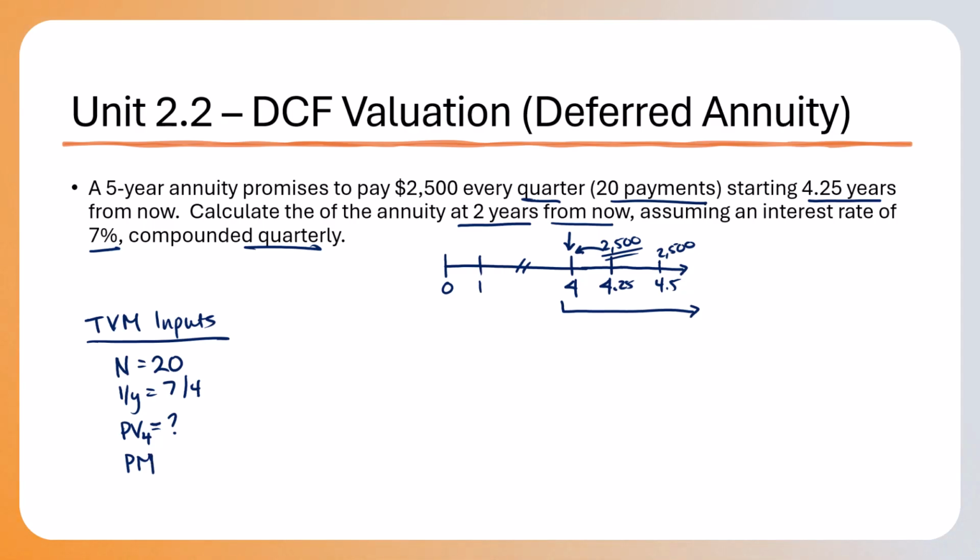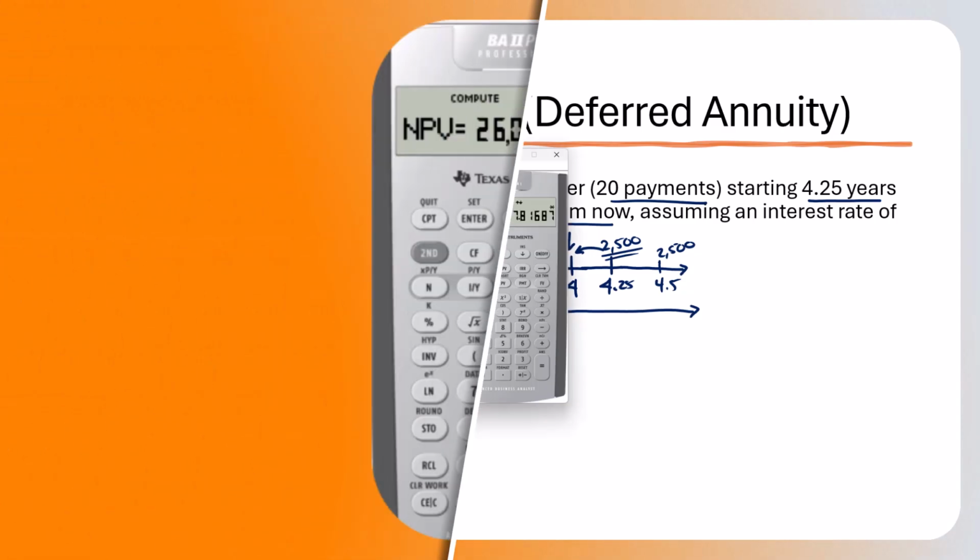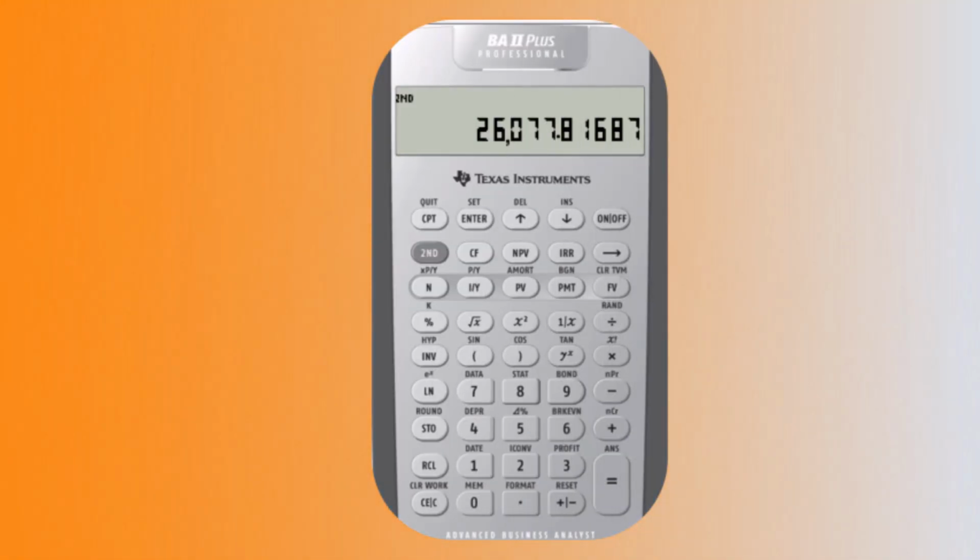The payments that will be made or received is $2,500. It will have no value once all payments are made. Clearing our time value money input parameters, we'll type 20 for n, 7 divided by 4 for IY, 1.75 quarterly rate, 2,500 on the payment, 0 on the future value, compute present value.